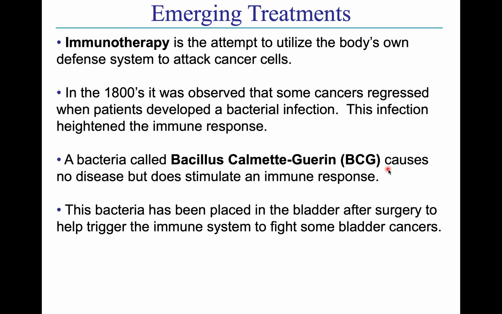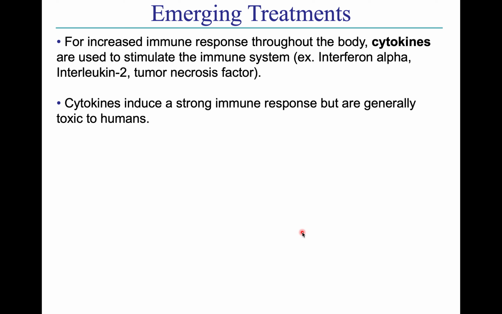Another, a little bit more modern take on that approach would be to treat with cytokines. And cytokines are these very potent signaling molecules that are part of the initial immune response. And so they do trigger a very, very strong immune response, but they can be toxic to humans. And you might be familiar with this idea of a cytokine storm.